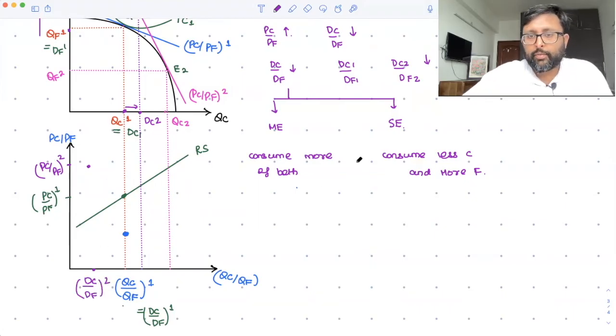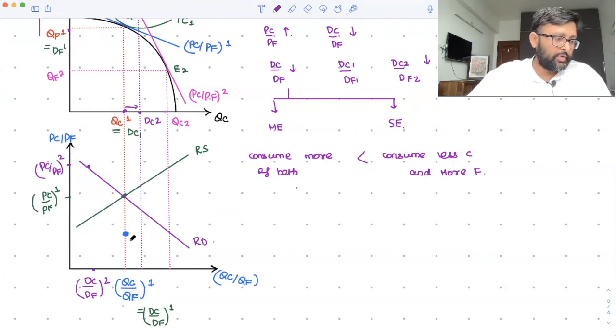So ultimately what has happened is that the substitution effect is overpowering the income effect, making the consumption of cloth relatively lesser as compared to the consumption of food. So when PC by PF has increased to PC by PF2, the consumption of cloth has decreased, right? So this is what my relative demand curve is.